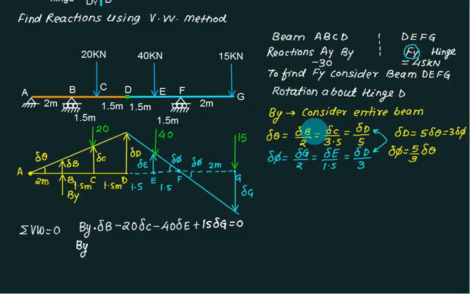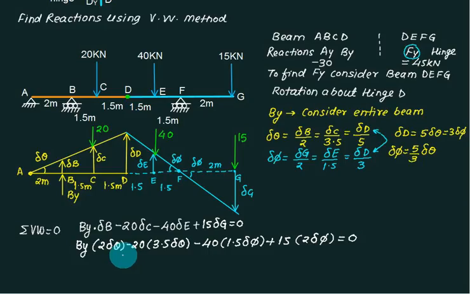What is delta B? Delta B is 2 times del theta, 20. What is delta C? 3.5 times del theta, minus 40. Delta E is defined with respect to what? Phi. So it is 1.5 of del phi plus 15. Del G is defined with respect to phi, so 2 times del phi. We are not able to cancel del theta and del phi, so replace del phi again. So continue this: VY into 1.5.